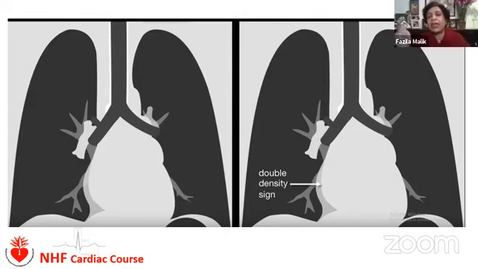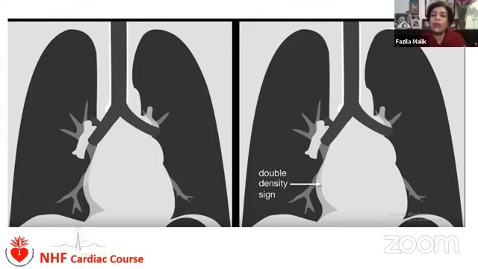This can be appreciated as a double density on the right side. So when the left atrium is enlarged, we get the double density sign, also called the double bubble sign, and it indicates that there are two borders on the right side of the heart. The outer border is formed by the right atrium, and the inner extra border is formed by the enlarged left atrium.